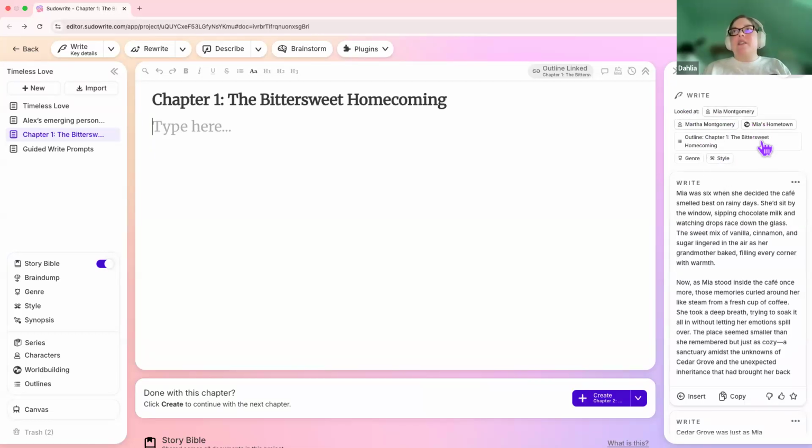And these little things are called chiclets. They're like small tags on the write cards that show which context elements the AI used to generate the output. In this case, it looks at Mia, our main character, at her Aunt Martha, at Mia's hometown, the first chapter, genre and style.